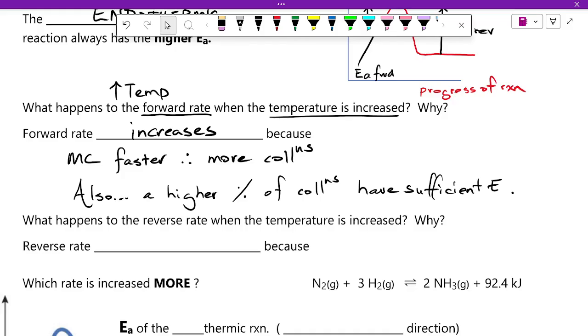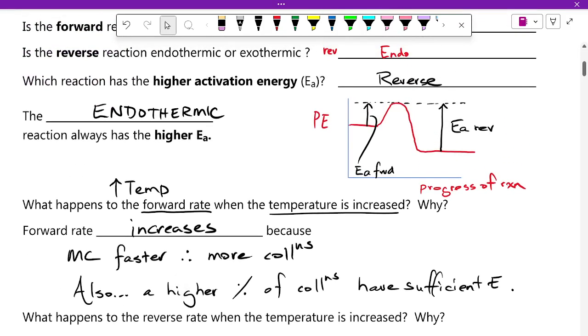What happens in that moment when we increase temperature?